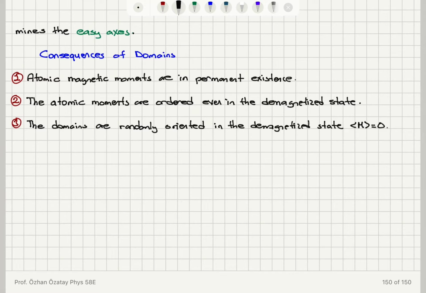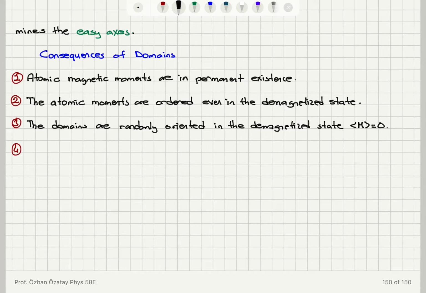Well, having said that, the domains are randomly oriented in the directions allowed by the easy axis, so that would be a better statement.